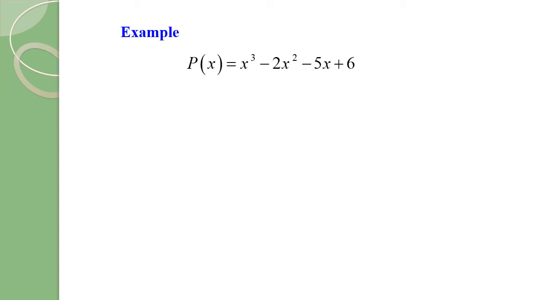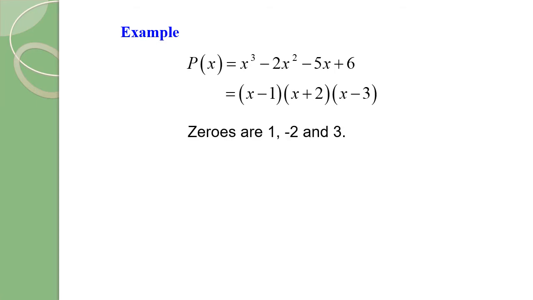Example. So we have P(x) equal to x cubed minus 2x squared minus 5x plus 6. Then we factorize it. We have x minus 1, x plus 2, x minus 3. So the zeros here are 1, negative 2, and 3.